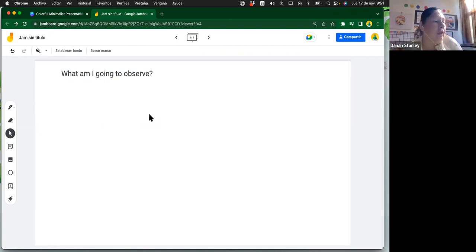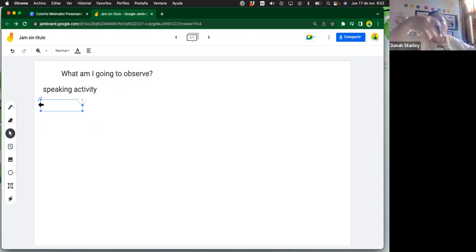What would you observe in your students? For example, if they are carrying out a speaking activity and I monitor the activity, what are the aspects I can observe? I imagine your class, with the 40 students probably in rows.